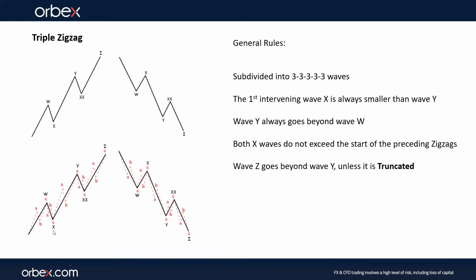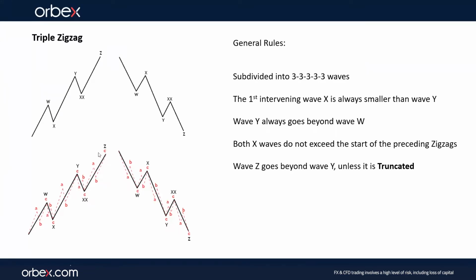So again, because they're corrective, they're labeled in letters, alphabetic. So it's making up ABC, ABC, ABC, ABC, and ABC. This is the 3-3-3-3-3 pattern. So we've got the ABC to make up wave W, ABC correction in intervening wave X, and then another long ABC because wave Y always goes beyond wave W. Then we've got the second wave X, intervening wave X, ABC to the downside, and then we've got the ABC again going to complete the triple zigzag and then finishing this pattern here.